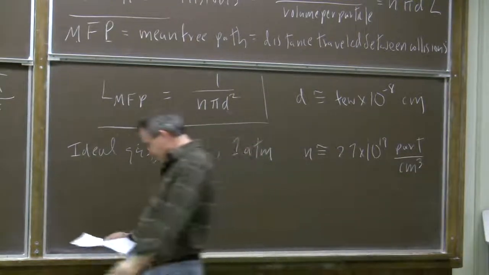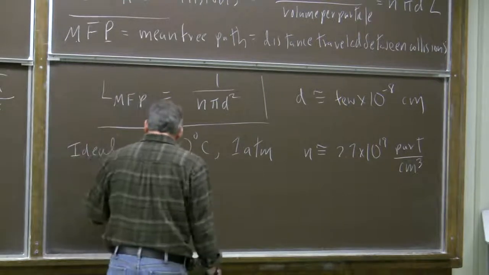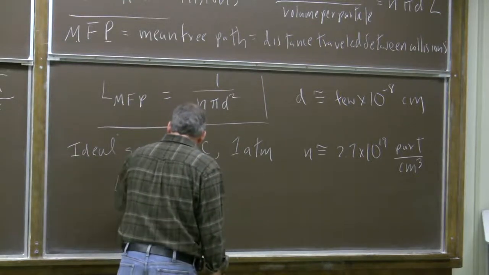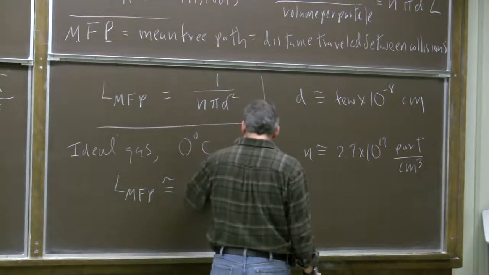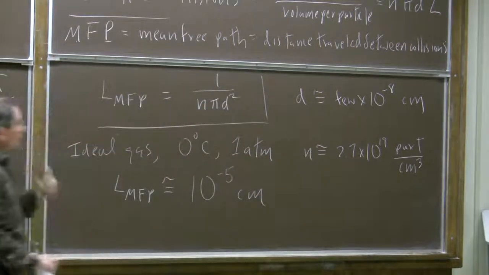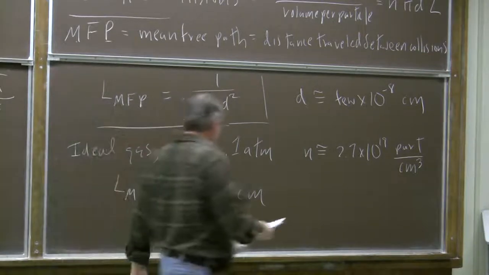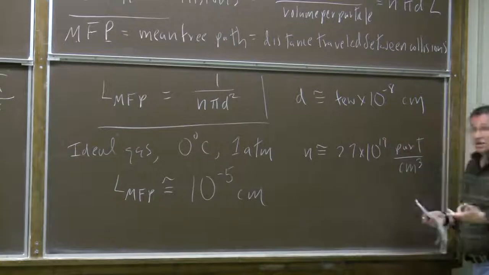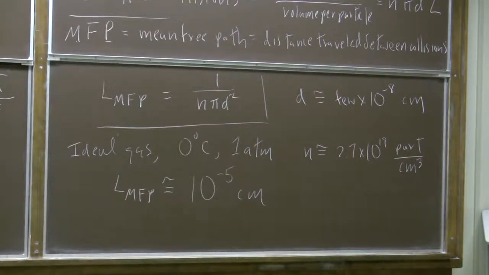And so what we find for the mean free path, well, it's something like 10 to the minus 5 centimeters. So it's larger than the size of the molecules by a factor of maybe a few hundred or so. And it's larger than the mean distance between molecules. In fact, I'm not worrying about factors like pi and stuff.